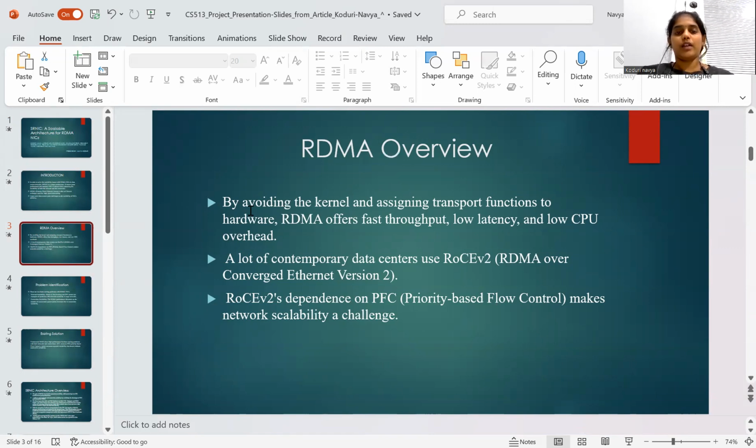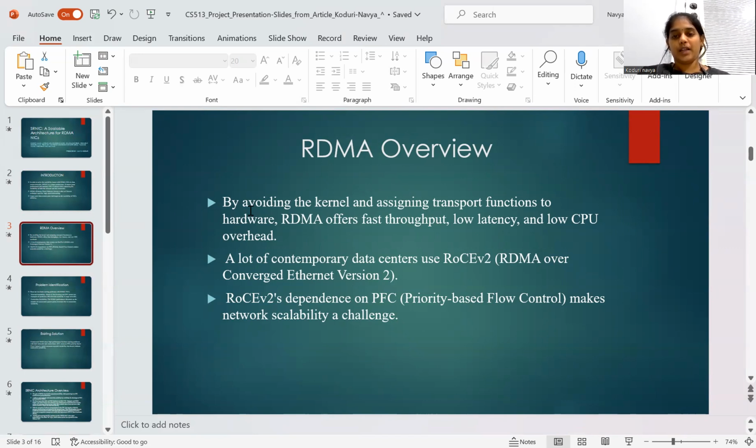And a lot of contemporary data centers use RoCE v2, that is RDMA over Converged Ethernet version 2. RoCE v2 depends on PFC, that is priority-based flow control, which makes network scalability a challenge.